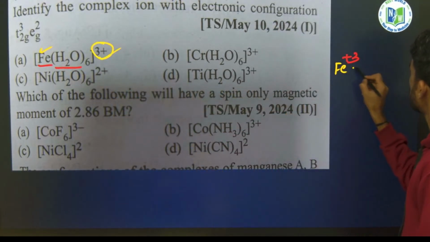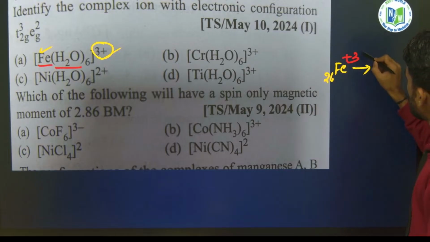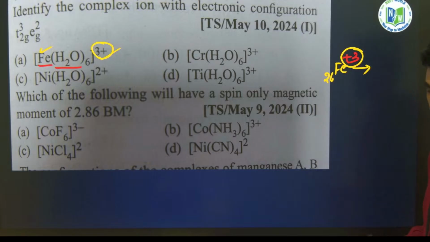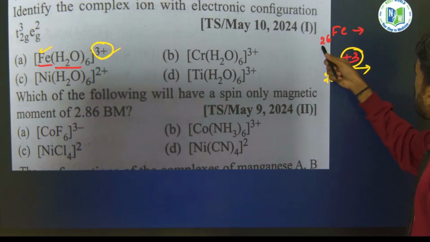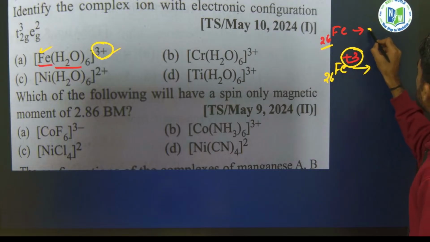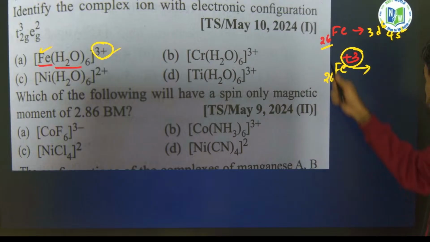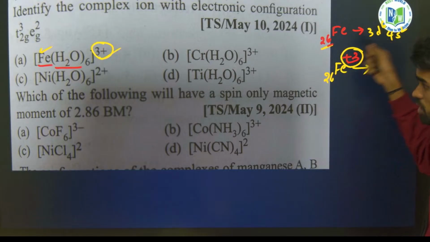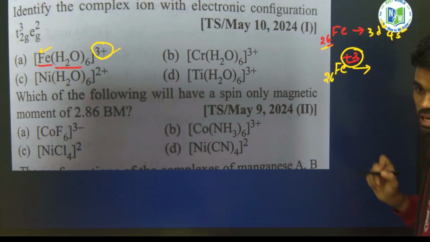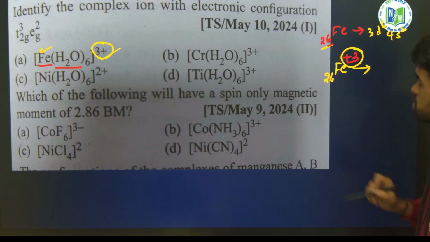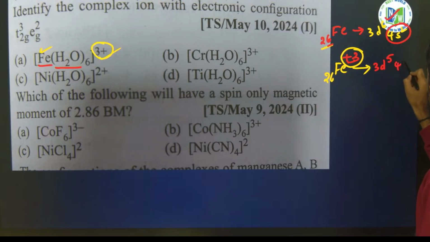Iron atomic number is 26, so you write 3d6 4s2. Now +3 means 3 electrons should be removed, 2 from 4s and 1 from 3d, so it becomes 3d5 4s0.